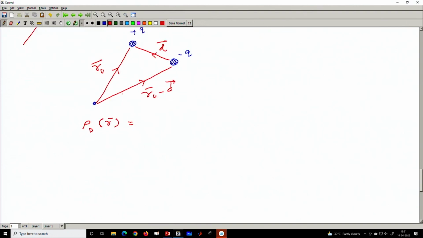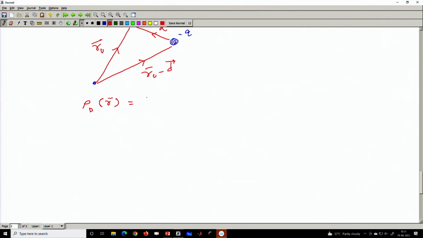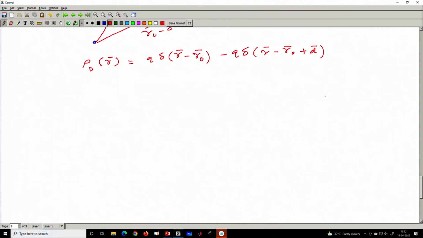I have 2 points here, so I simply have q times the delta function of r minus r0, and then minus q times the delta function of r minus (r0 minus d). This is the charge.